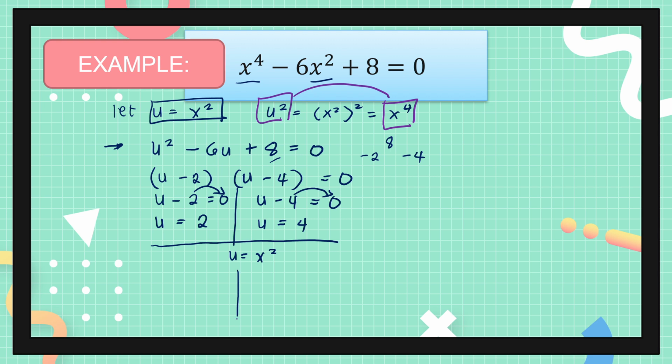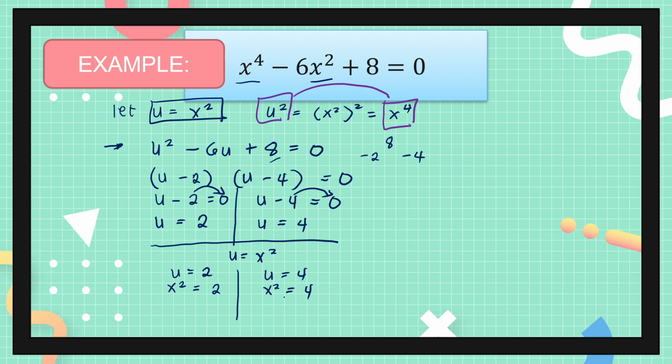For the first value of u, which is positive 2, it will be x squared equals positive 2. And then for the second one, u equals 4, it will be x squared equals positive 4.